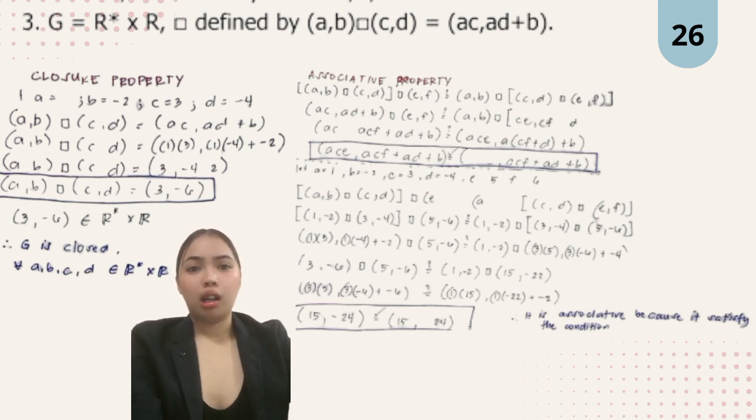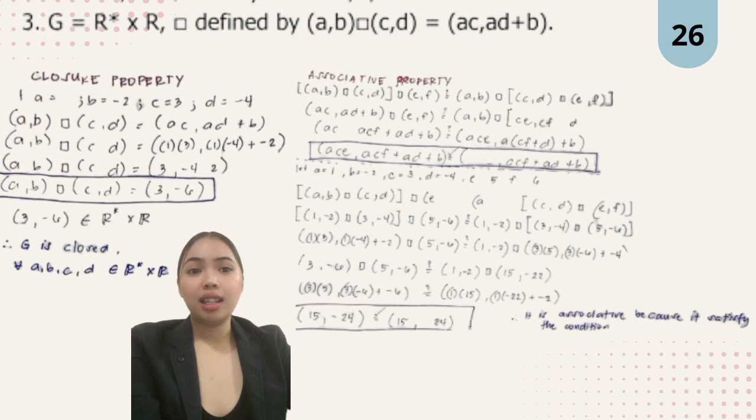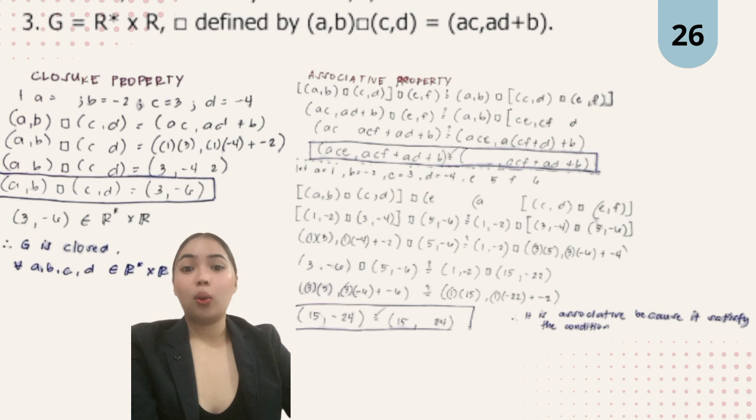So A is equal to 1 and B is equal to negative 2 and C is equal to 3 and D is equal to negative 4 because they are all real numbers. Let's just assume. So (A, B) times (C, D) is equal to (AC, AD plus B), as you can see on the screen. And it is equal to (1 times 3, 1 times negative 4 plus negative 2).